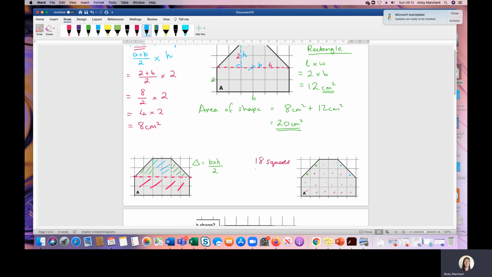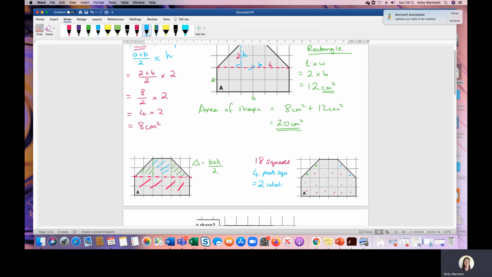So we've got 4 part squares. In this case, they are actually halves. 4 part squares. And they would actually equal 2 whole squares.